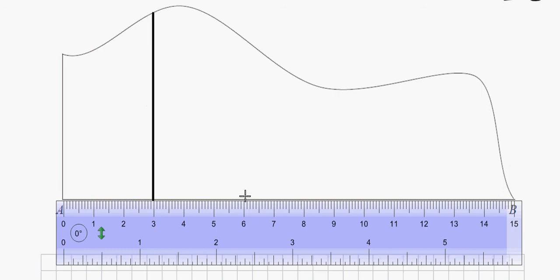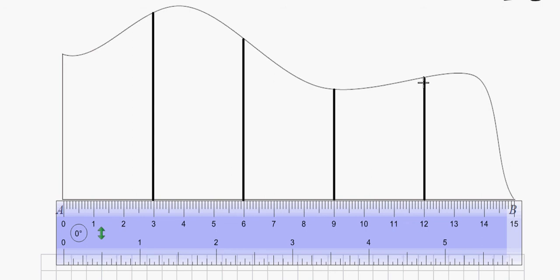Then go up to 6. Just make sure it's right on the line, so you don't introduce any inaccuracies into the answer. Then you're going to go up to 9, and please make sure that's lined up properly. So this one here at 9, this one here at 12.